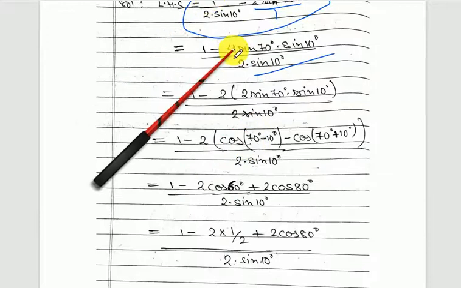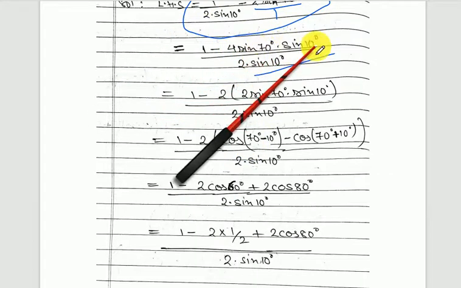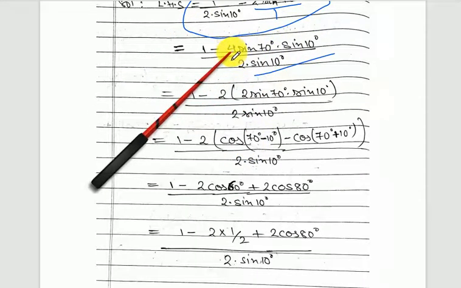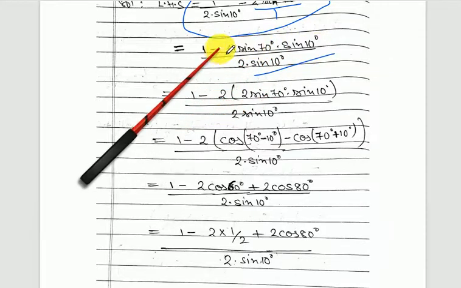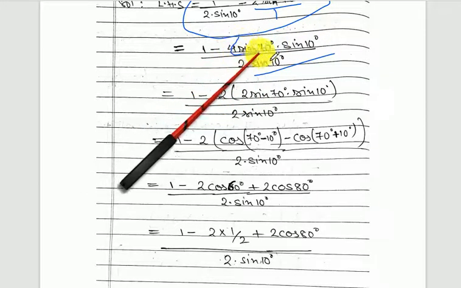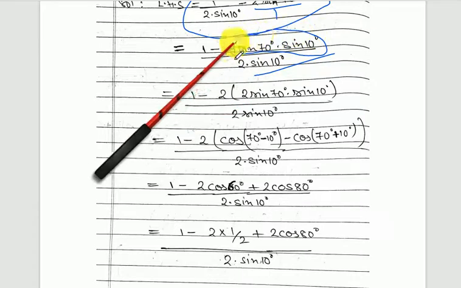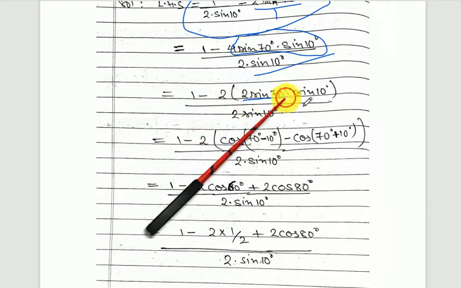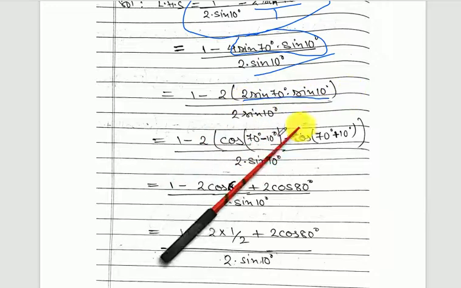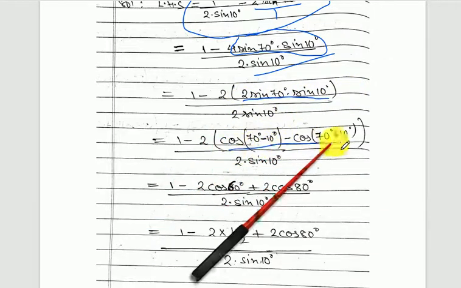Now you can see here it is 4 sin 70 into sin 10, so this can be written as 2 into 2 sin 70 into sin 10, and then for that 2 sin 70 sin 10 you can use that formula, 2 sin A into sin B formula. For this part you can use that formula, and you will get this.